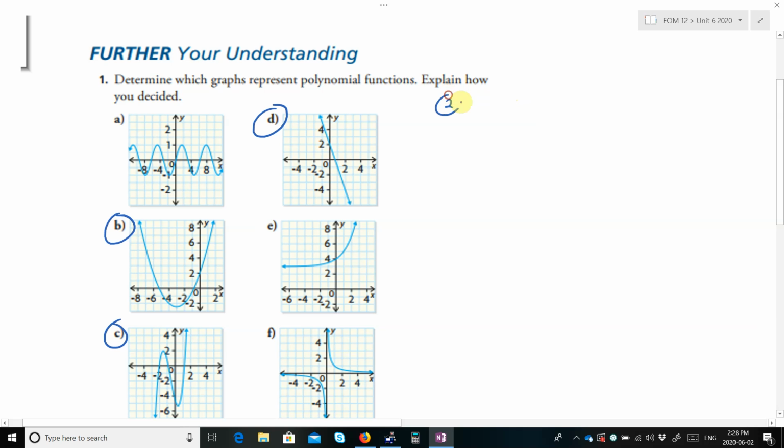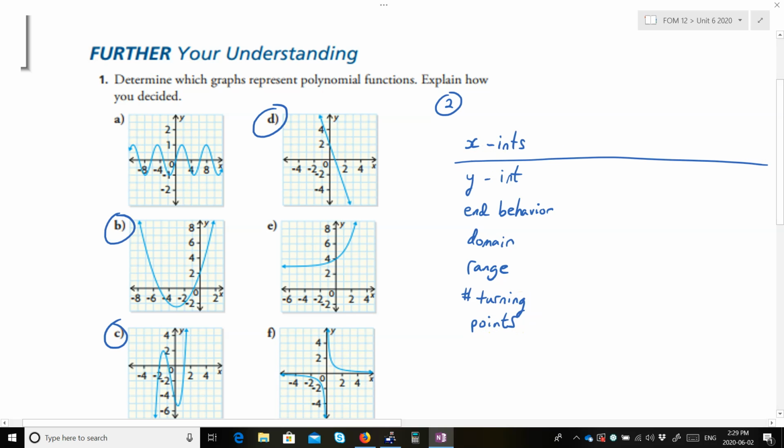We'll say that this is number 2, and it wants us to determine the following characteristics: the x-intercepts, the y-intercept, end behavior, domain, and range, and also number of turning points.